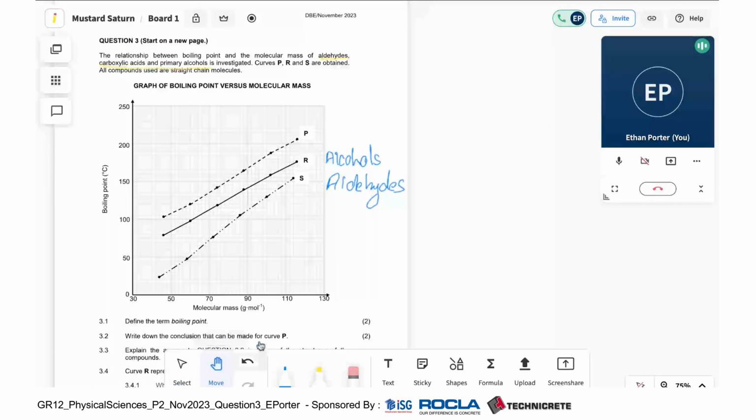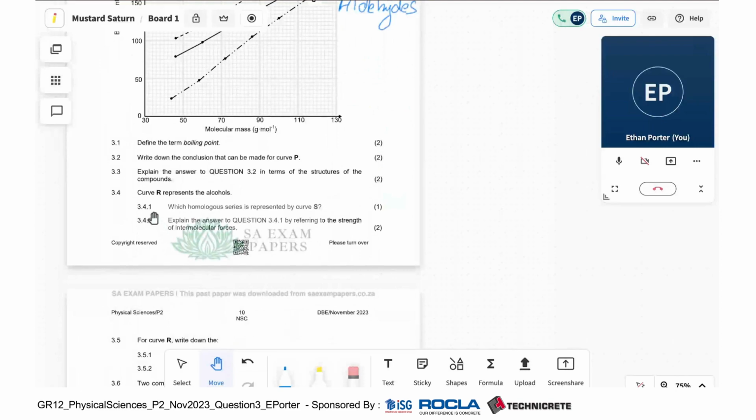So that answers question 3.4.2. Explain the answer to question 3.4.1 referring to the strength of intermolecular forces. So I've kind of already done that. I guess to answer 3.4.1, you just have to say aldehyde, and then to answer 3.4.2, you can elaborate and explain about the different intermolecular forces. To get the full marks, you don't have to go into detail of hydrogen bonding.